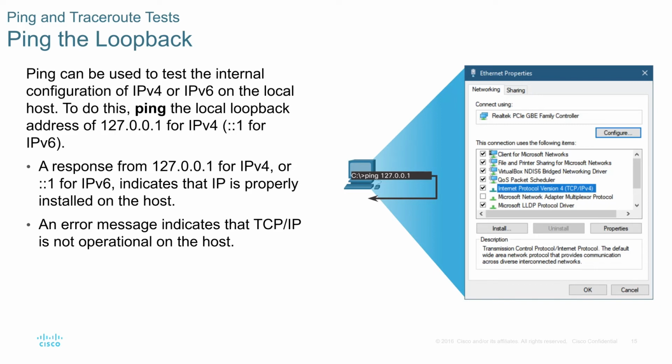It tells us that the protocol stack and drivers for our network interface card are installed and working. If we have an error message, this may indicate that the TCP/IP is not operational on the host. This could be a problem with the loaded drivers or the network interface card.